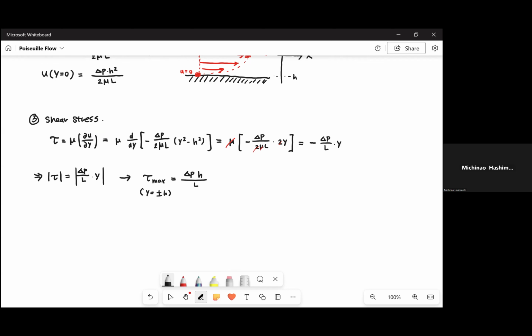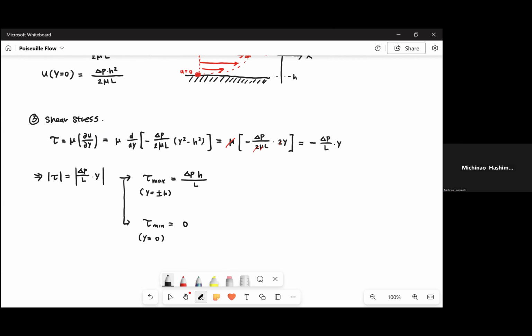And the minimum shear stress can be found from this expression at y equals 0, the center line, which is going to be 0.